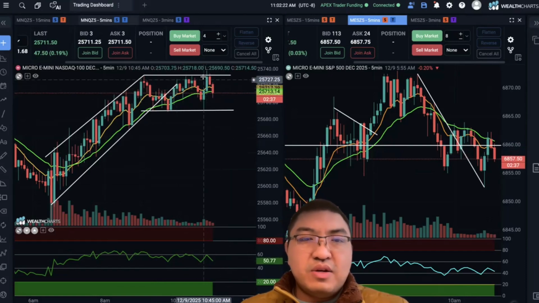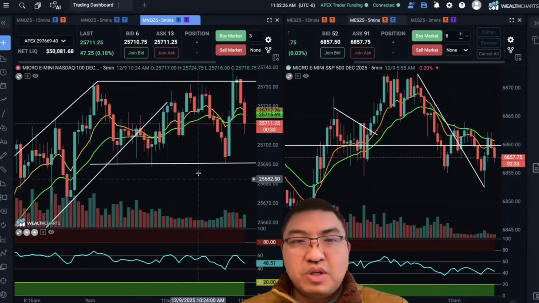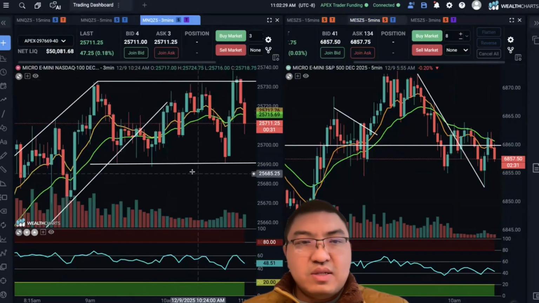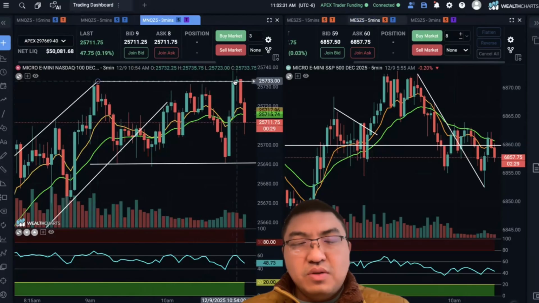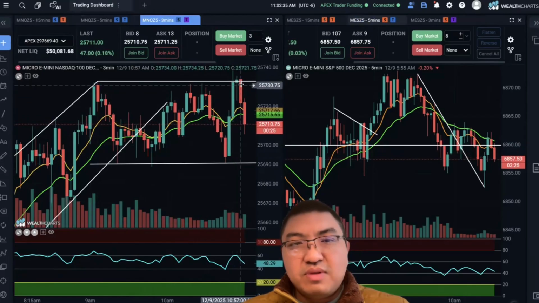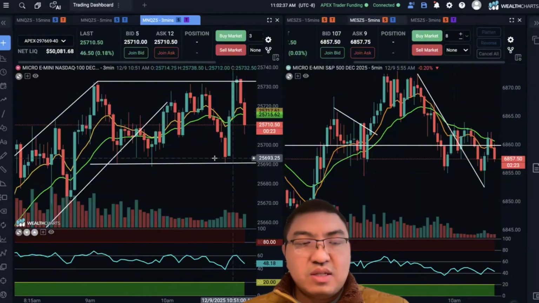That's why I hate this huge momentum candle. It does not give me any opportunity. If you check a 3-minute chart, then maybe it gives me some opportunity actually.